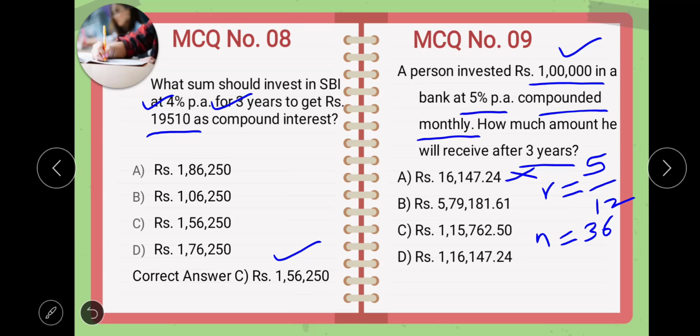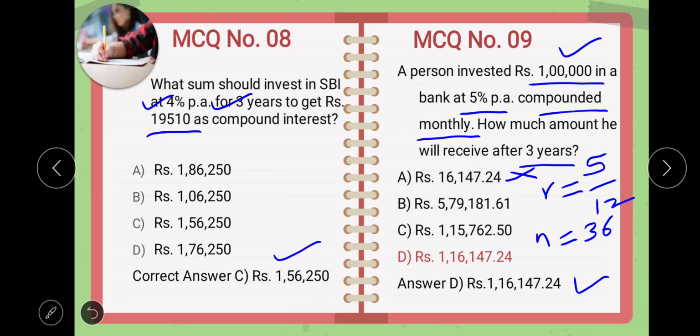Then calculate it on the calculator and multiply by rupees 1 lakh. So it will be 1,16,147.24. So the answer is 1,16,147.24. It means the correct option is option D.